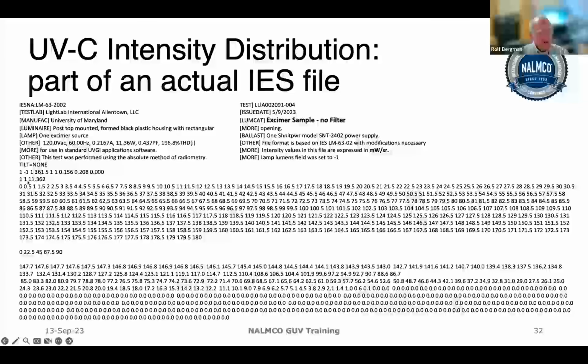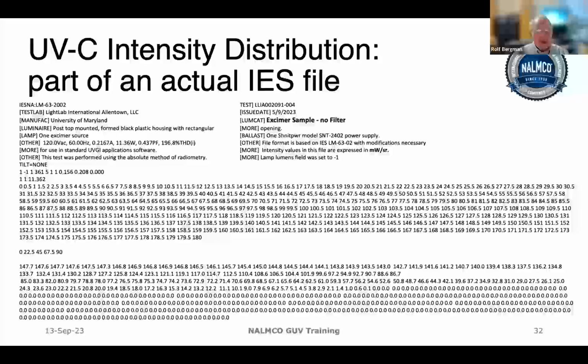I want to look at the block of numbers that starts at 0, 0.5, 1, 1.5. So this is the vertical or mirror measurements, or the detector rotation every half a degree. So we will have data every half a degree from 0 degrees to 180.